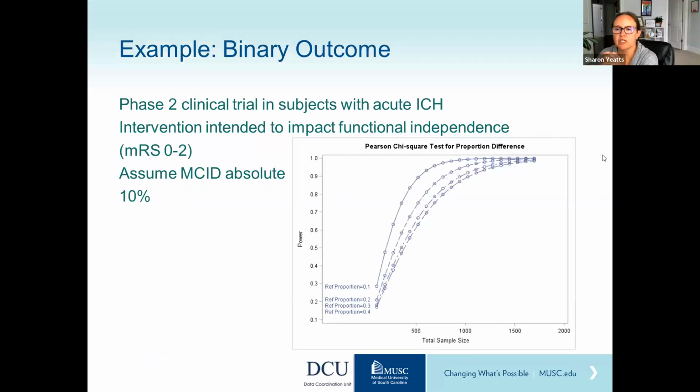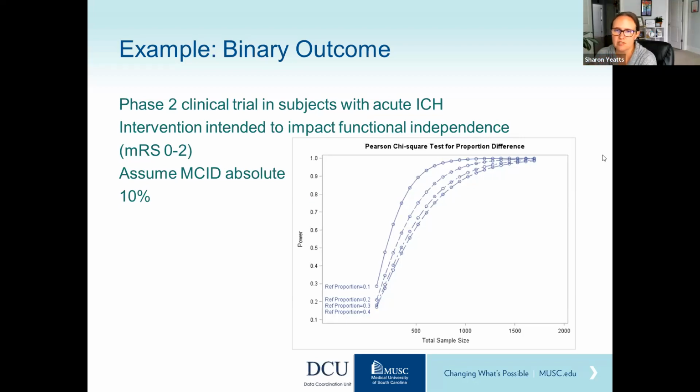If we're looking at a binary outcome, so let's take the same phase 2 clinical trial in subjects with acute intracerebral hemorrhage, but let's imagine now an intervention that's not intended to impact health-related quality of life, but is expected to impact functional independence. And so we're going to define this using a modified Rankin scale score of 0 to 2.